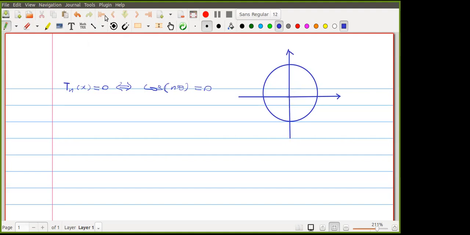So if I take a point M on the circle, this point is M, and the coordinates of M are x, y.